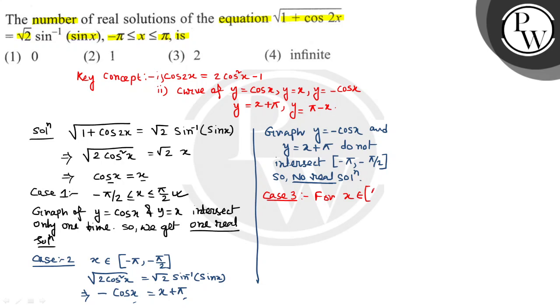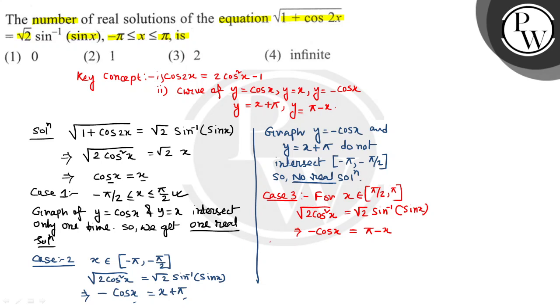For this case we have root 2 cos square x equals root 2 sine inverse sine x. This can be written with cos retaining the value minus cos x, and sine inverse sine x becomes pi minus x.